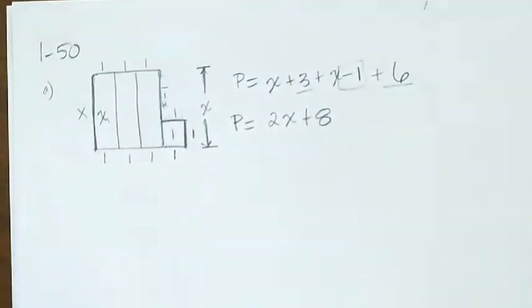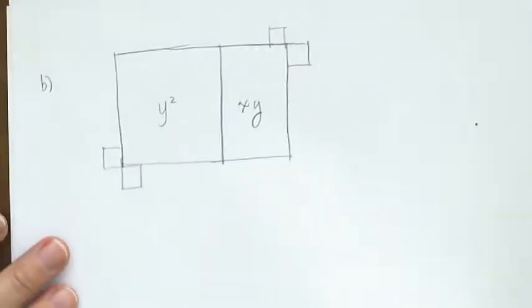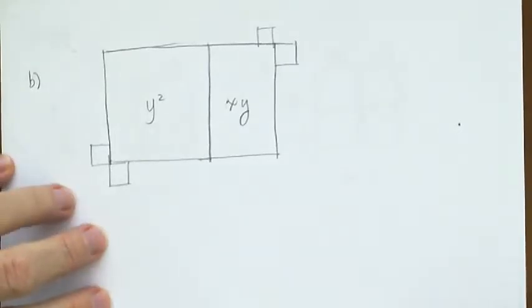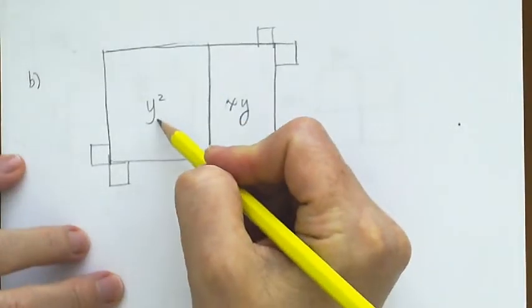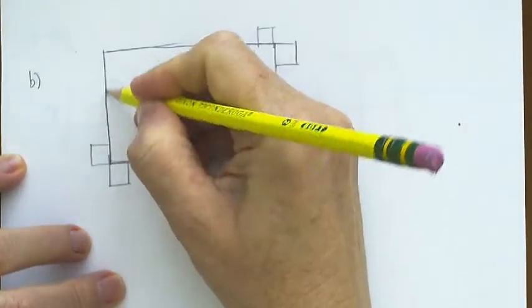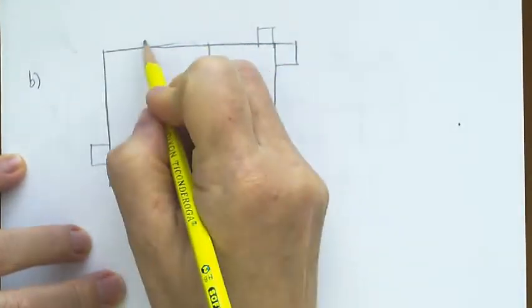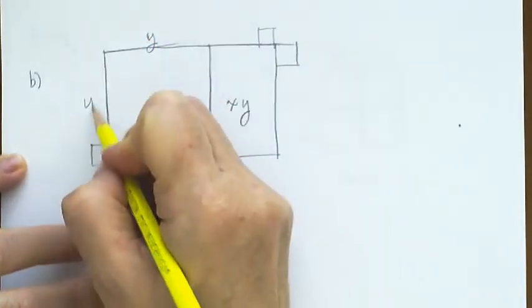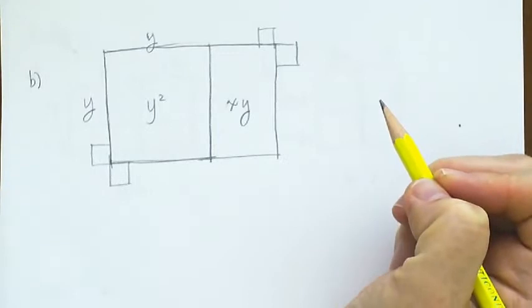Okay, let's look at part B. Pause the video, sketch the diagram on your paper, and then come back. So this is our y squared tile. The length and the width of y squared are y. Y for the length, y for the width.